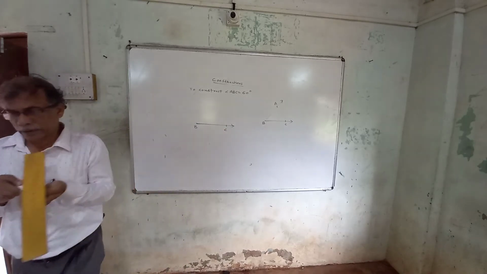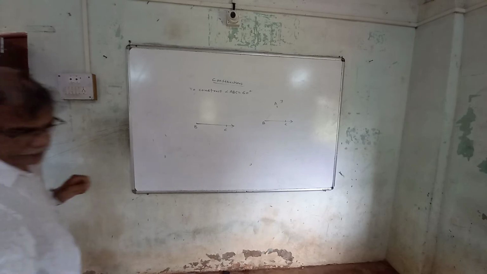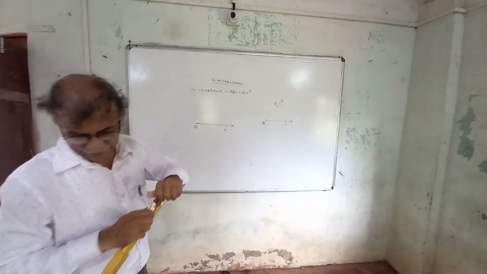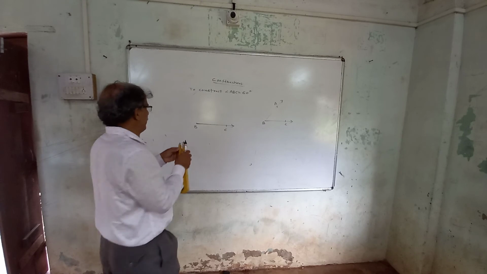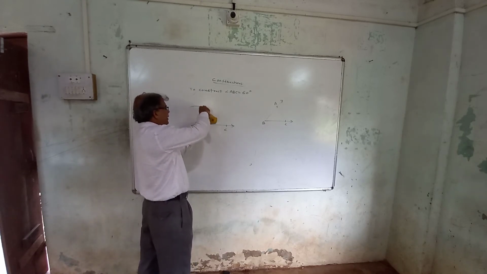Now we have to construct the angle of how many degrees? 60 degrees. Now for that purpose, what do you do? Take the compass, keep it on B, and with sufficient distance, you draw the arc like this.